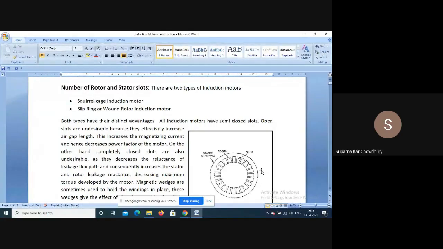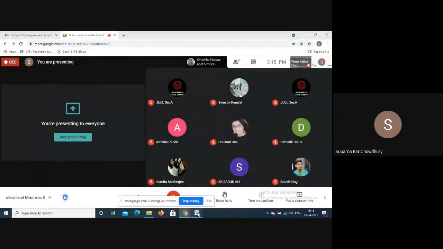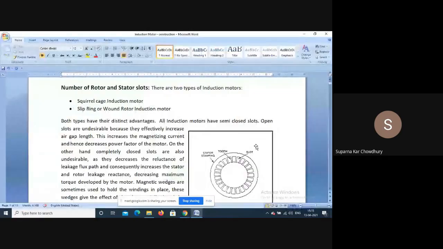You have studied the DC machine. In the DC machine, you have seen the stator with the armature and field winding. The stator has the frame. In a DC machine, the frame itself is a part of the magnetic circuit. The salient pole fields are bolted to the frame, and the flux path is completed through the frame.